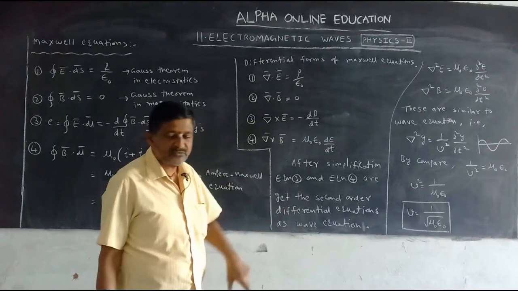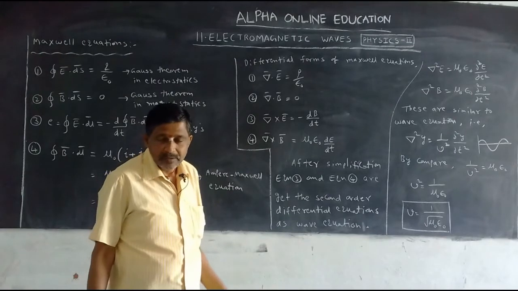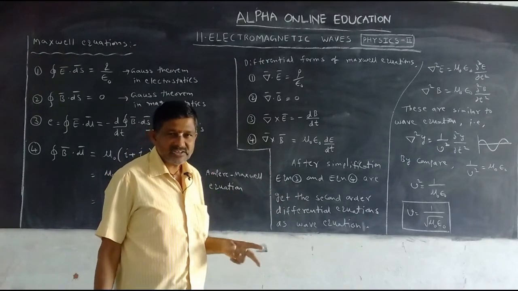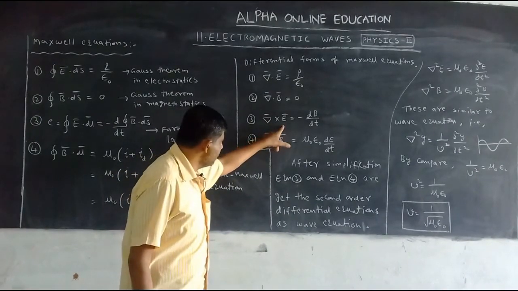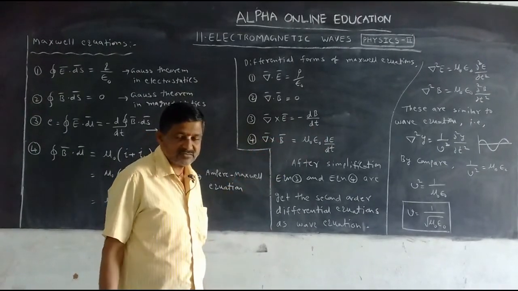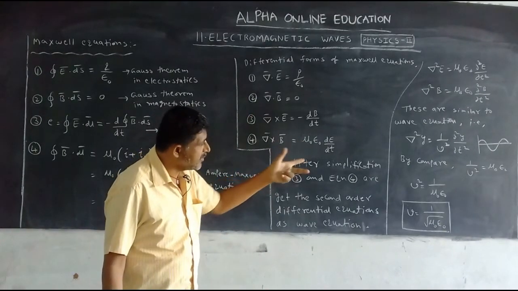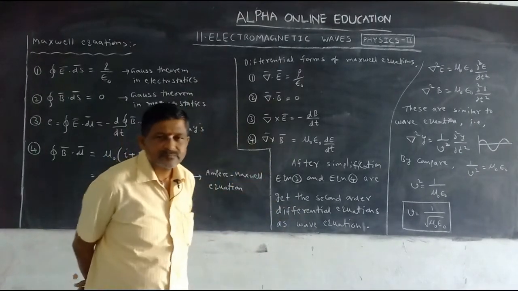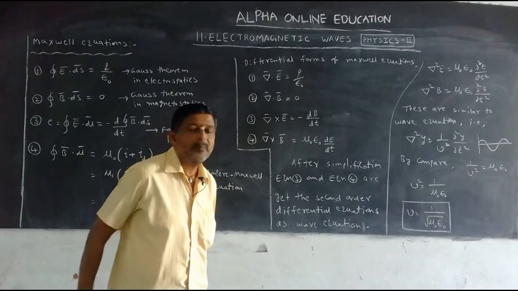So Maxwell expected that when the electric field changes we will get a wave, and when the magnetic field changes we also get it from this equation. So he could say that the wave must be an electromagnetic wave.